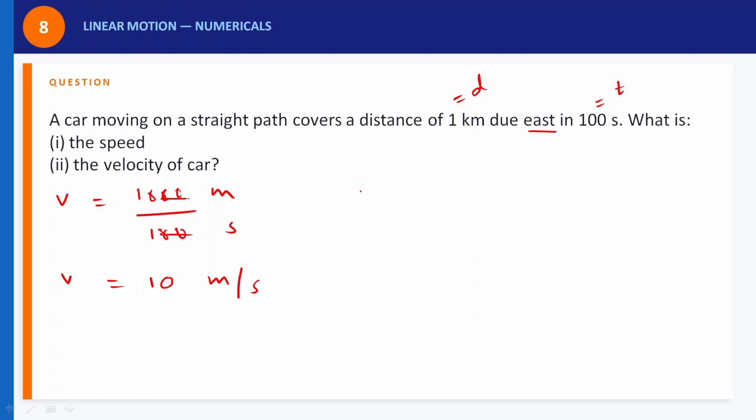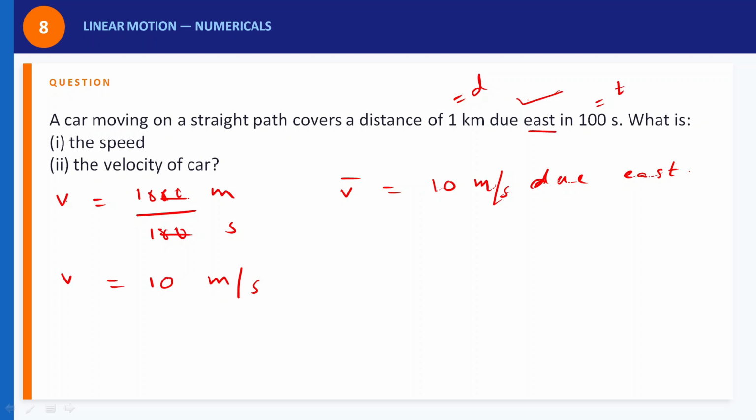When we are going to talk about the velocity, we must specify due east. So velocity v bar equal to 10 meter per second due east.